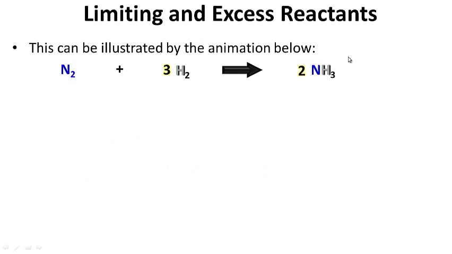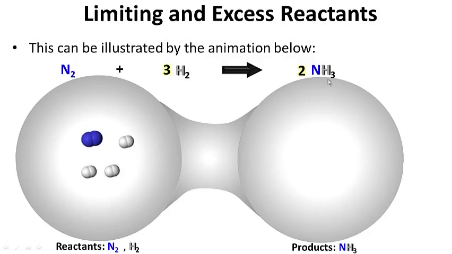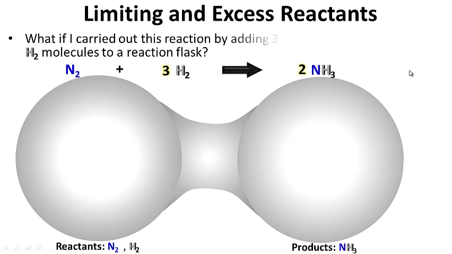So this can be illustrated by the animation below. We have 3 H2 molecules and 1 nitrogen molecule that will react to produce 2 ammonia molecules, our products. But what if I carried out this reaction by adding 3 N2 molecules and 9 H2 molecules to our reaction flask here?